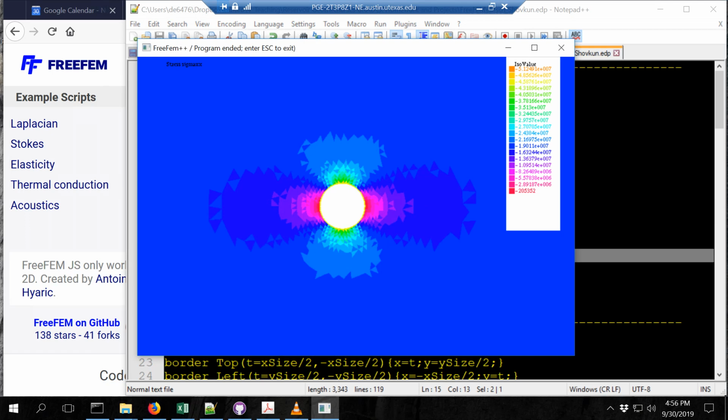So the more negative it is, the more compression you have, and that's going to be the top and bottom locations because we're pressing in this direction, and here we're going to have less compression, which is here, those values with a lower number. Let me change the values to make it a little bit differently.